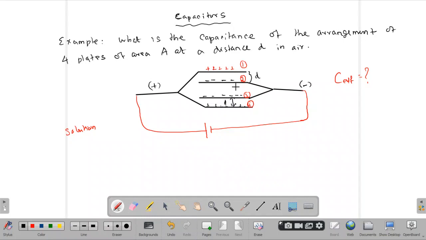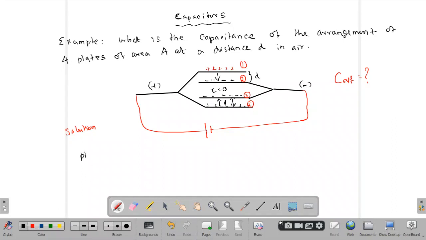Remember student, between 1 and 2 electric field downward direction, between 2 and 3 electric field, between 3 and 4 electric field upward direction. Okay, understood? So the plates 1 and 2 form a capacitor C1.